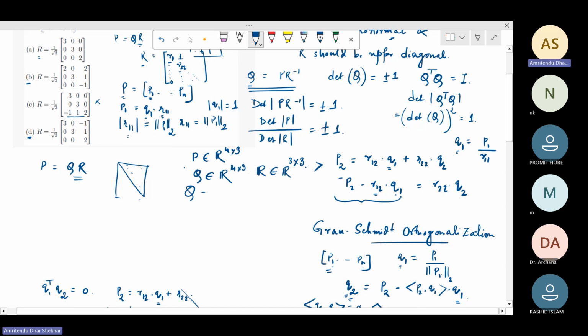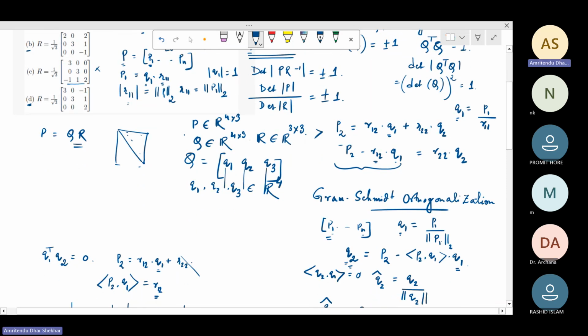So if you write this Q as Q1, Q2, and Q3, each of these Q1, Q2, Q3 are actually vectors in R4. So this is a column vector, this is a column vector, right? Now you want them to be orthogonal to each other.